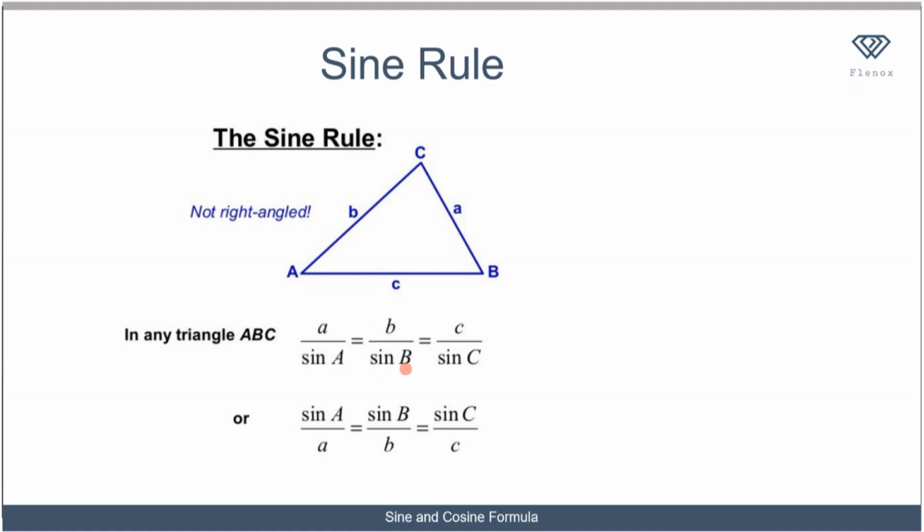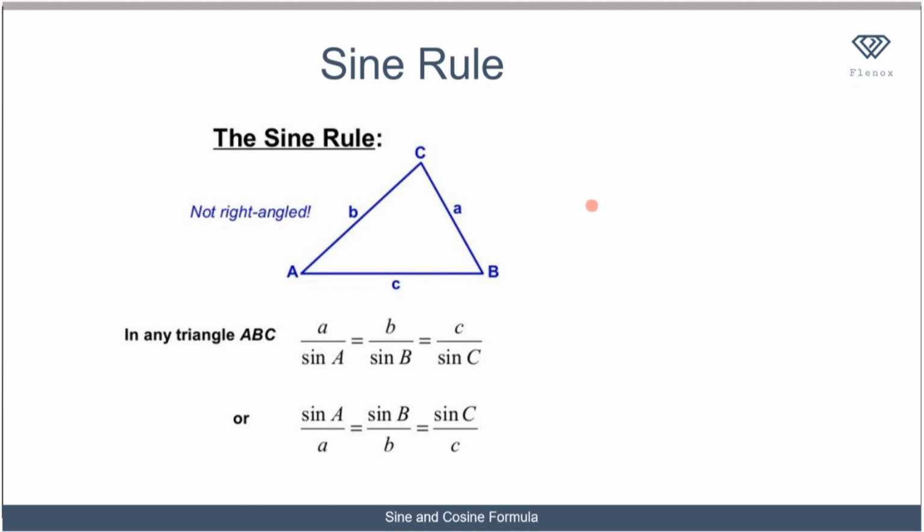So what does this do? By knowing the angle of one side and the length opposite to that angle, and by knowing the length of any other side, I can find the angle. What it means is that I can equate any two of these equations.